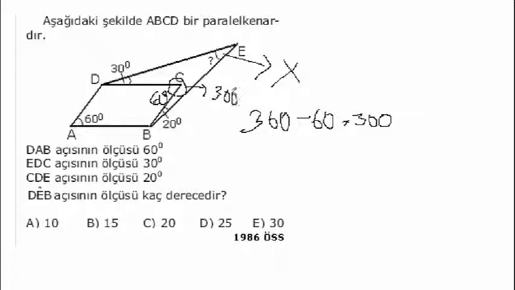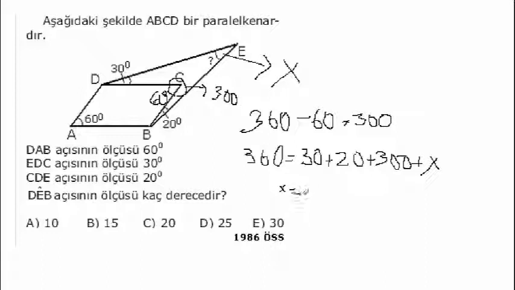We know that all of the quadrilateral's interior angles add up to 360. So 360 is equal to 30 plus 20 plus 300 plus the angle here, which is x. So x comes out to be 10.